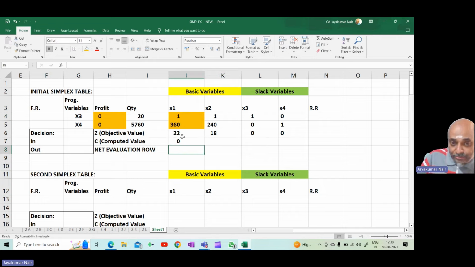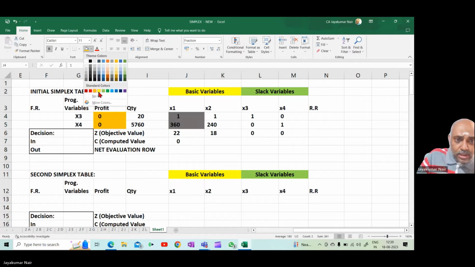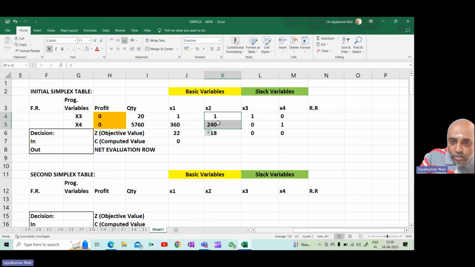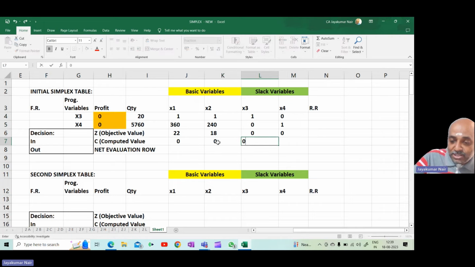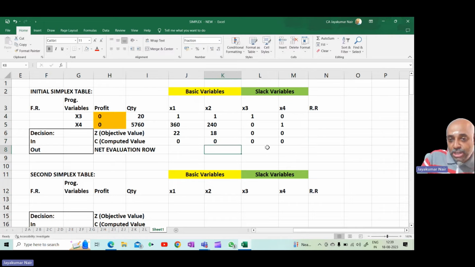I'll get 0. Now, to find this value, again with this column, it will be 1 into 0 plus 240 into 0. So you will get 0 because 0 into 1 is 0, 0 into 240 is also 0, so 0 plus 0 will be 0. In the first one, it is 0, 0, 0.